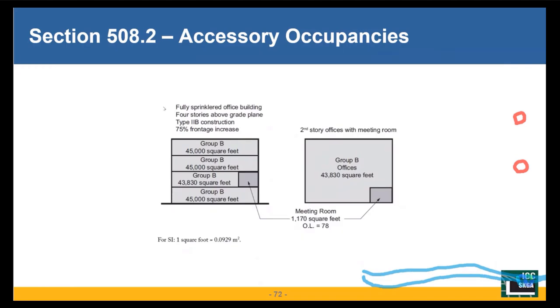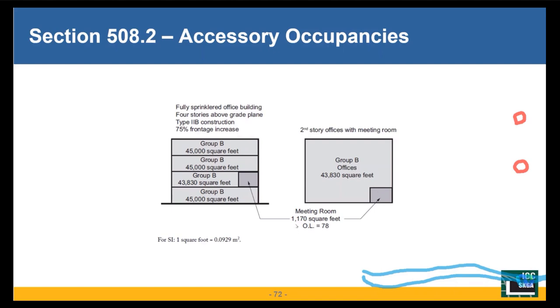So here's some examples. A sprinklered building, 4 stories above grade plane, type 2 construction, 75% frontage increase. This is in the second story. You can see it shown to the right. There's a meeting room.